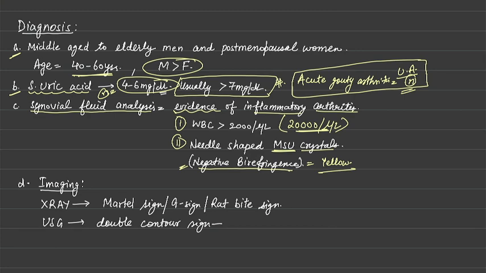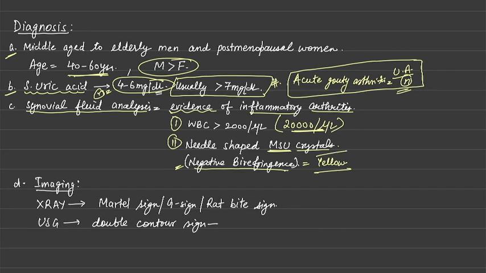Positive crystals are seen as blue, but negative birefringence is seen as yellow. It is basically how the light passes through the crystals. Negative and positive birefringence is based on that. And remember, we use polarized light for this purpose.